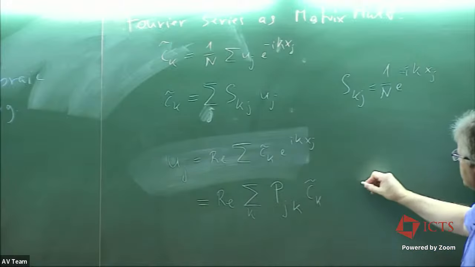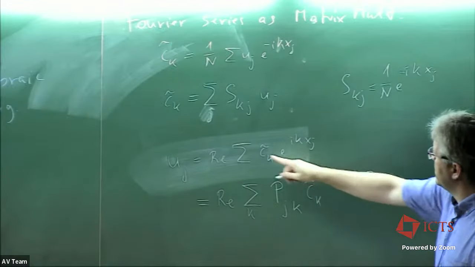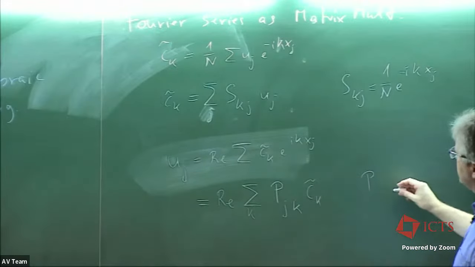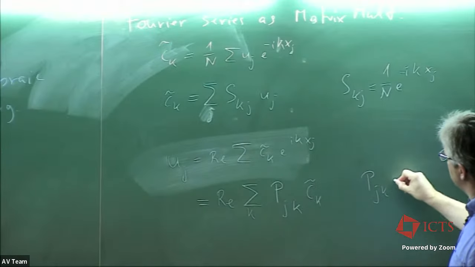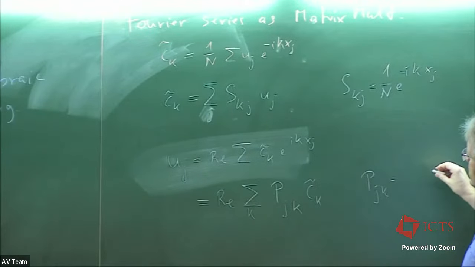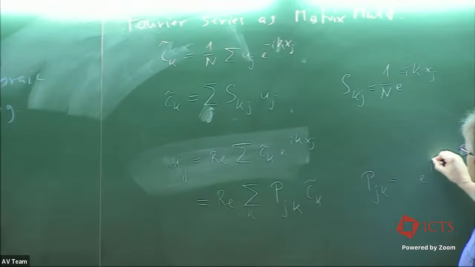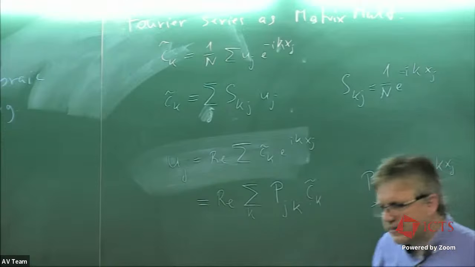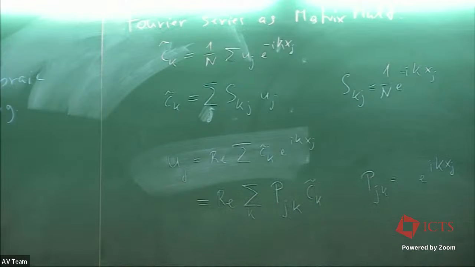This P matrix is just whatever is multiplying the c_k, and this is e to the i k x_j. So we can go back and forth between real space and spectral space by doing these matrix multiplications.